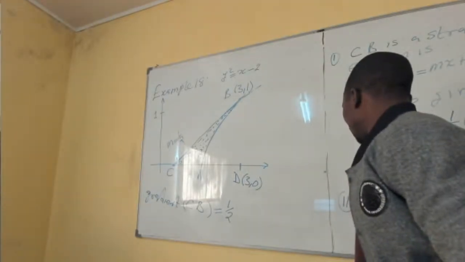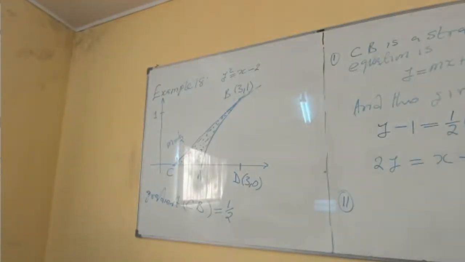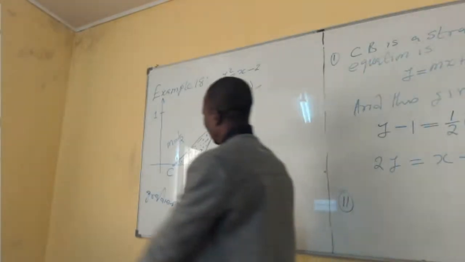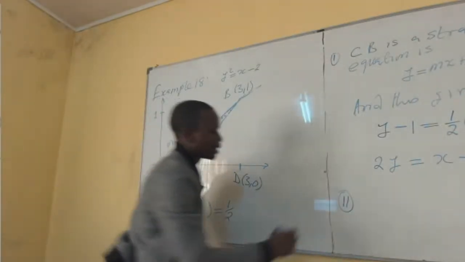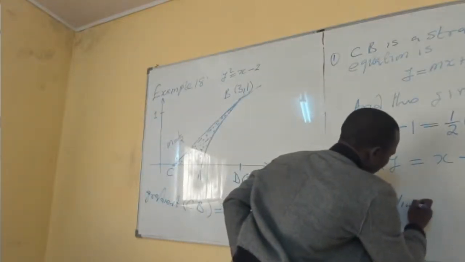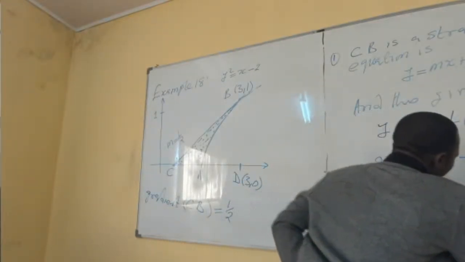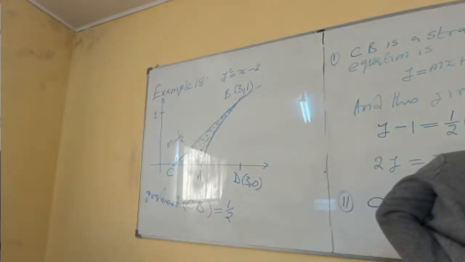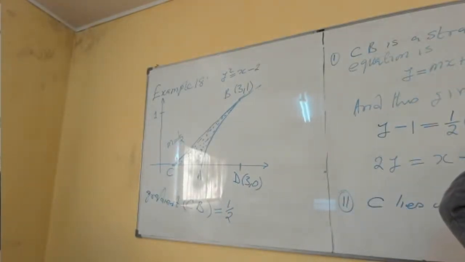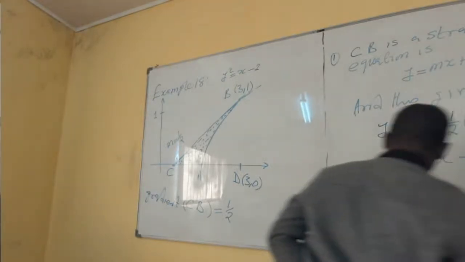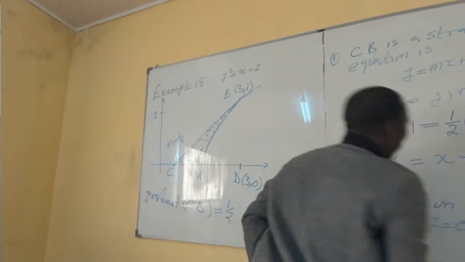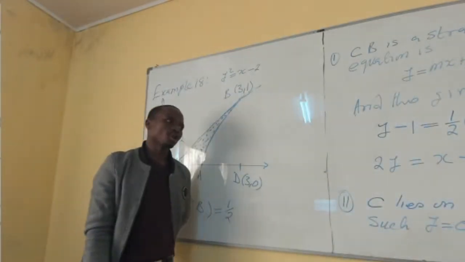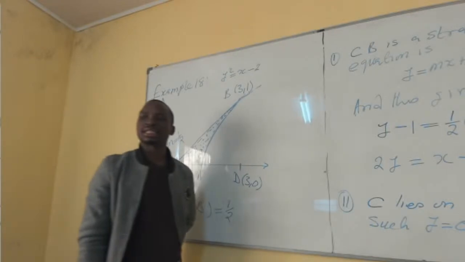The second one says find the coordinates of the point C. If you look, the point C is along the x-axis. As such, along this axis, the y-ordinate is equal to 0.